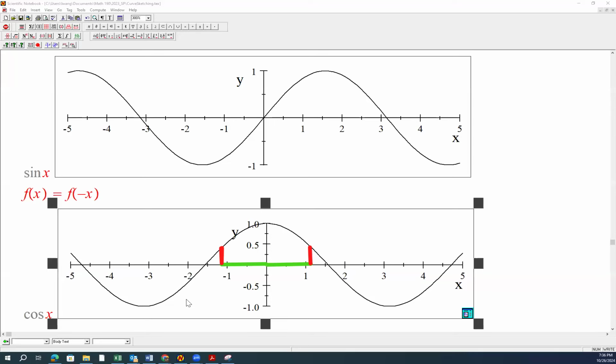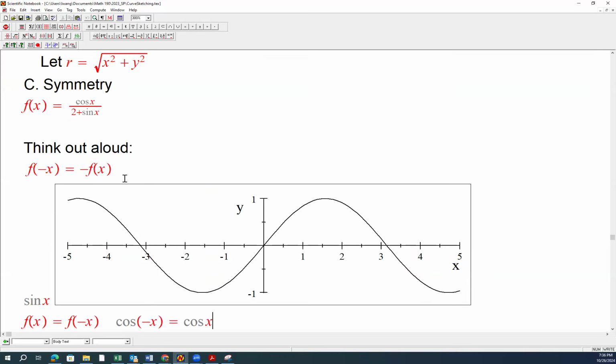So as we know these functions, the odd function and even function properties, what does that mean? Well, for cosine, even means the cosine of negative x is equal to cosine x. Even: opposite input, same output.